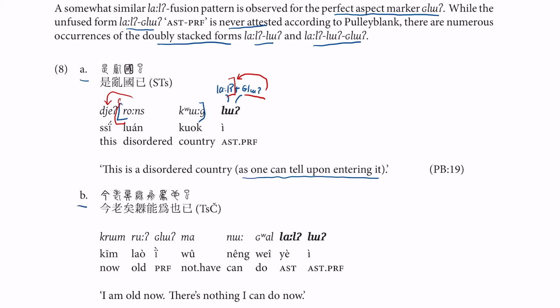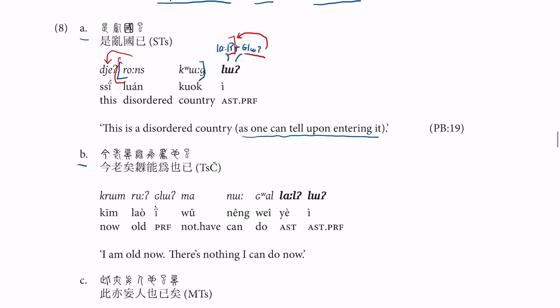Similarly, in 8b, we have a sentence, Krum ru glu ma nu guao lao lu. Okay. Again, we can regard the fused form lu simply as a perfect particle, so we can ignore this repeated assertive part. All right.